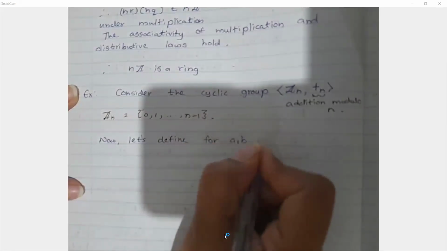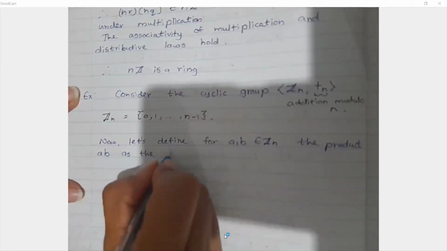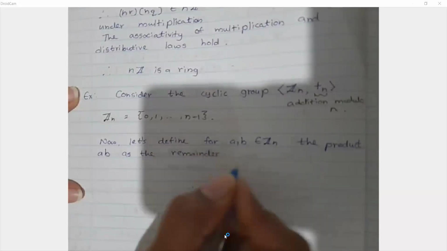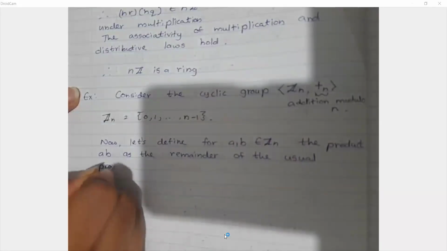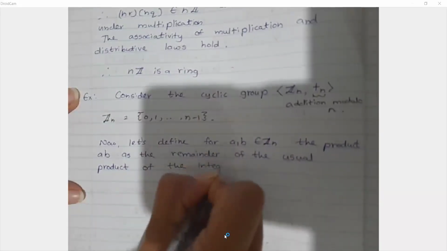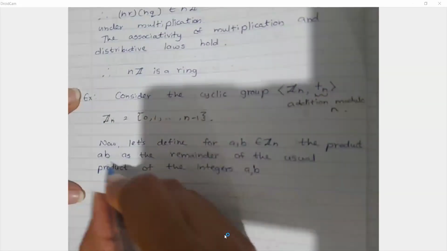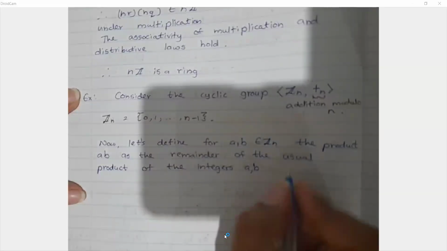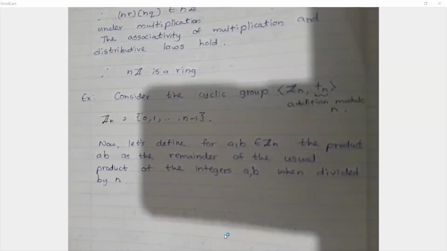For A, B in this group Zn, the product AB is the remainder of the usual product of the integers A, B when divided by n.